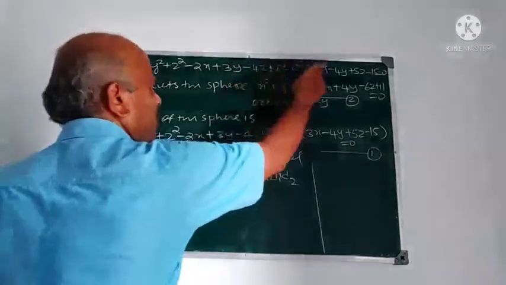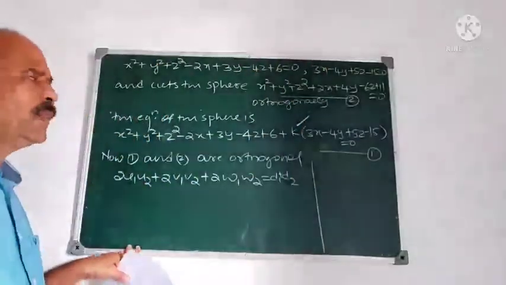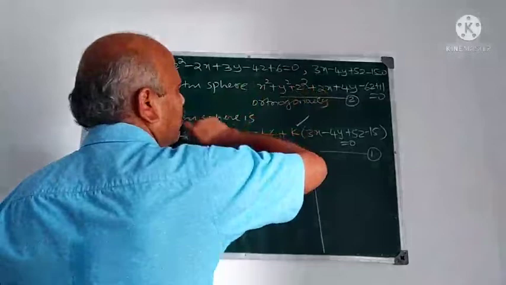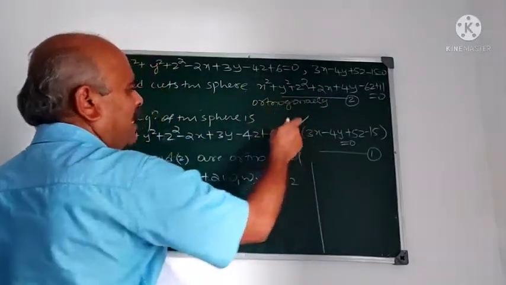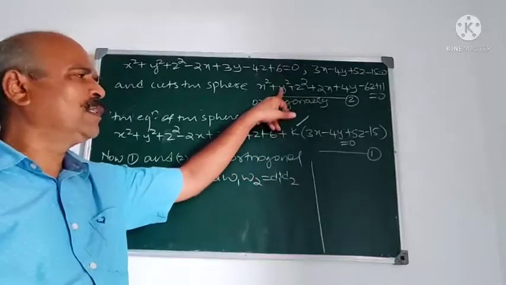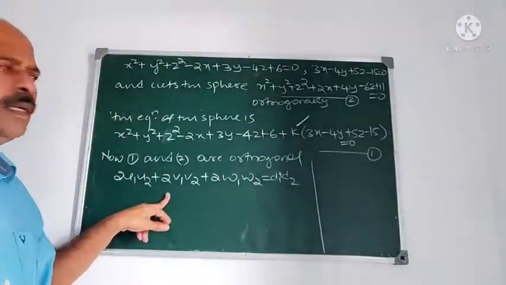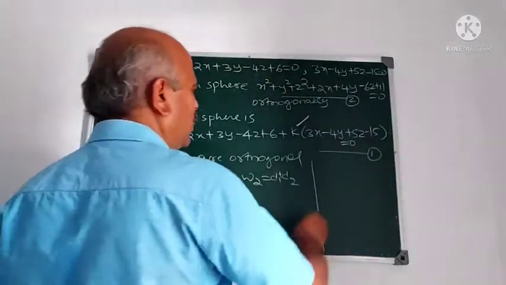The equation of the sphere passing through the circle is the equation of the first plus k times the second one is 0. Then to find k, this is the required sphere which intersects the given sphere orthogonally. The condition of orthogonality is this. Now we write down u1, v1, w1 and so on.